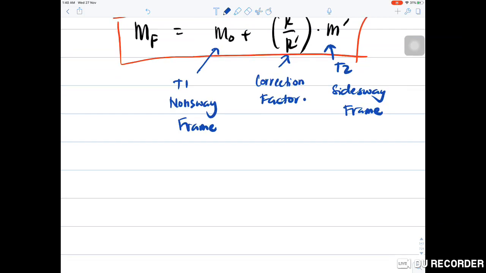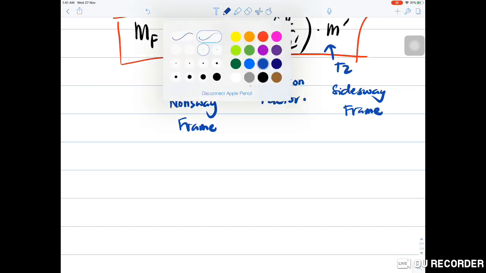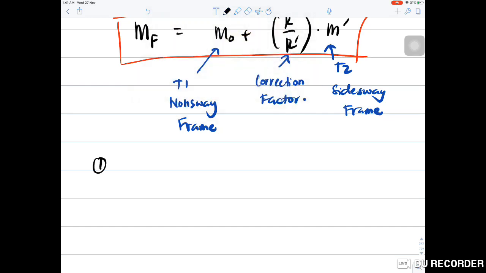Okay, I can summarize the process to analyze the sidesway frame using 4 steps. Step number 1, we need to calculate K, the stiffness factor, and the distribution factor.